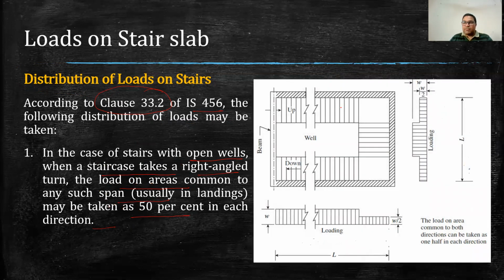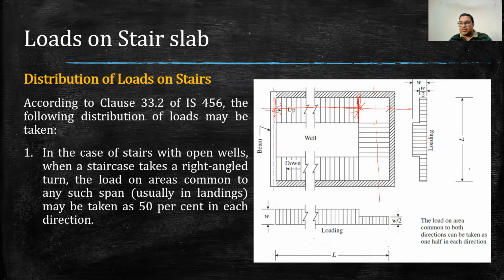See, this is the open well. The difference between dogleg and open well is that the gap between the flights is more in case of open well, and because of this larger open well, we have a flight in this direction also. So in case of open well staircase, if we cut a section here, we will have full load on this flight, but the load on this landing will be shared when we cut the section like this.